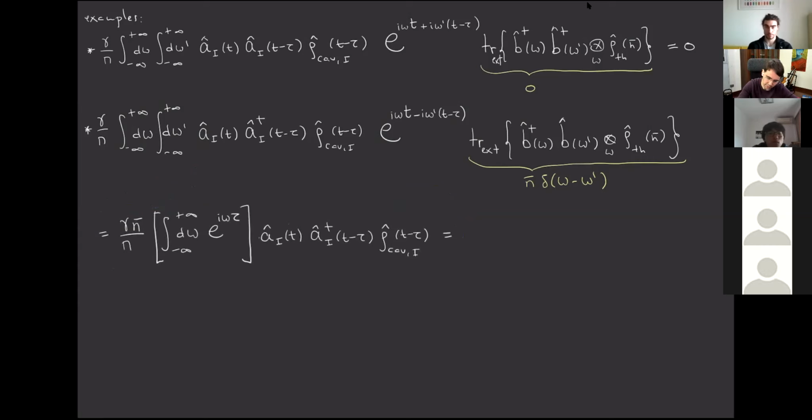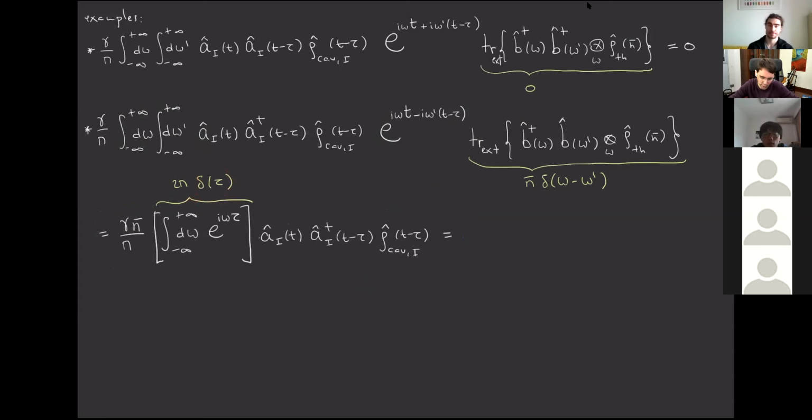But now you see that this thing in here is nothing but 2 pi times the delta function of tau, the delta function of time. And here is where you see that, just from these approximations that we have made, we already get the time locality.